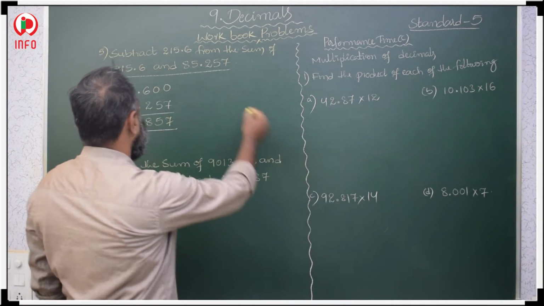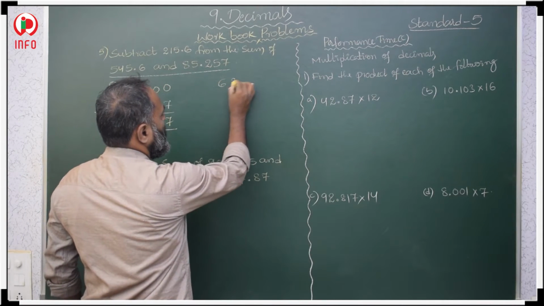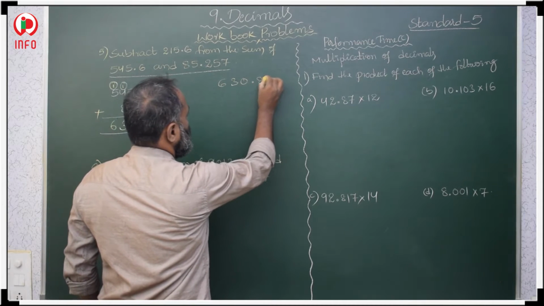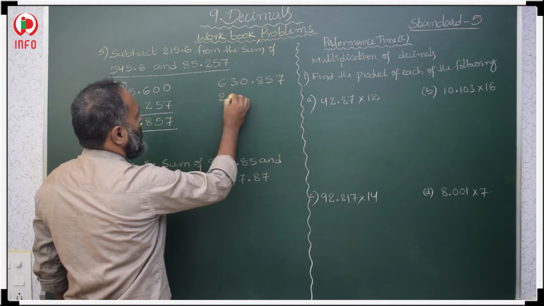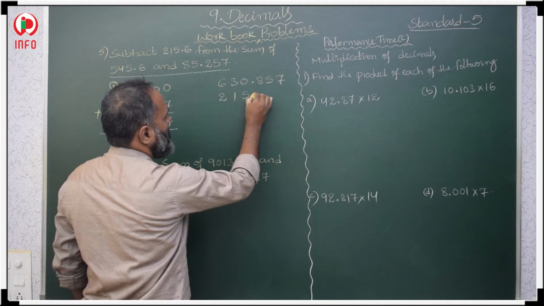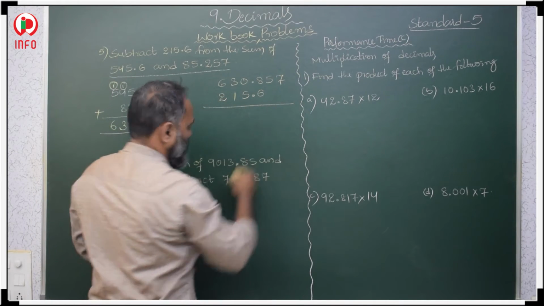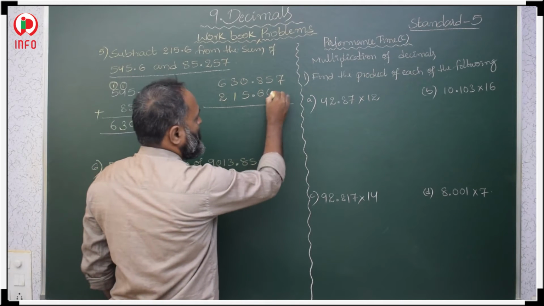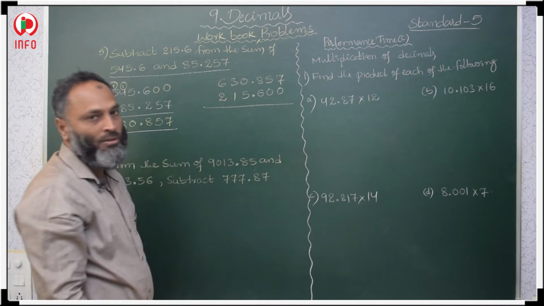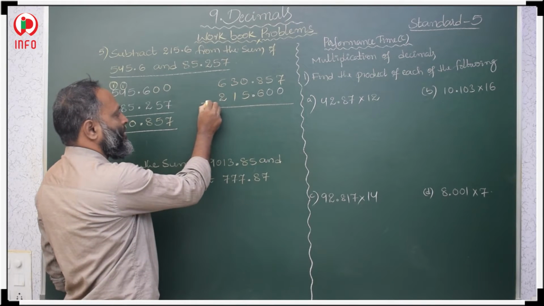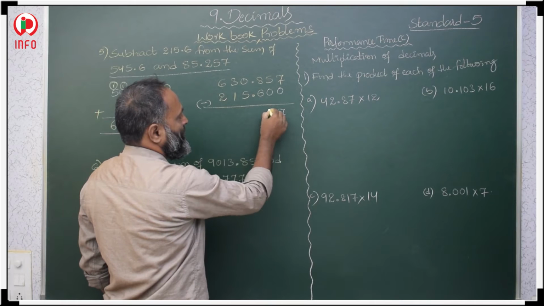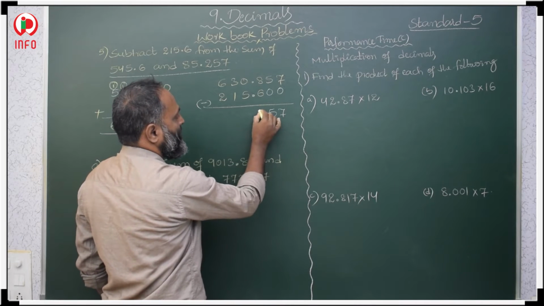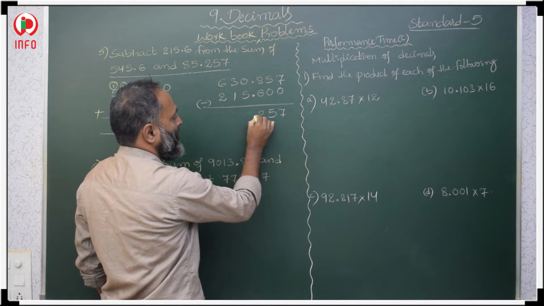215.6. Now 630.857, we should subtract 215.6. Here there is no hundredths place and thousandths place, keep zeros. Now you subtract. 7 minus 0, 7, 5 minus 0, 5, 8 minus 6, 2, then after that the point.